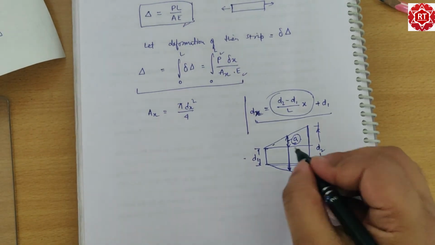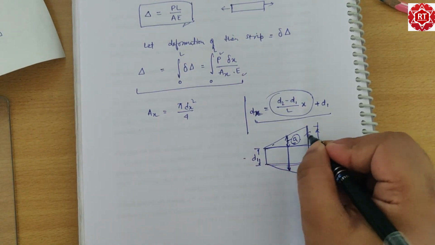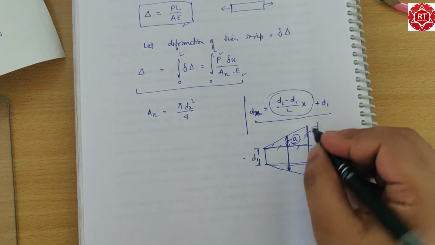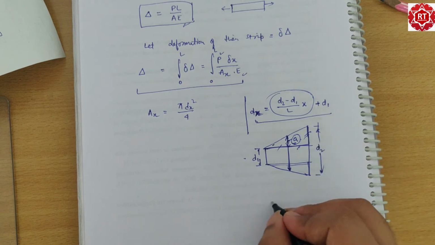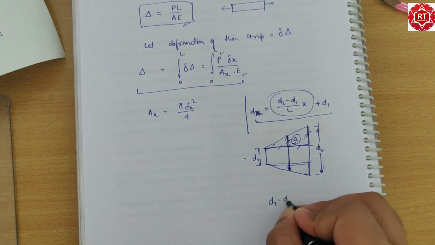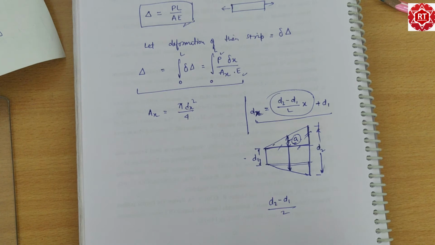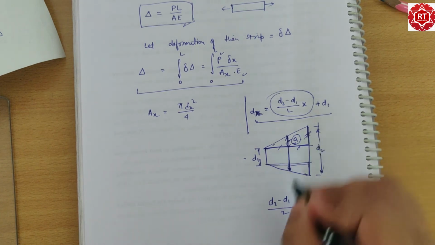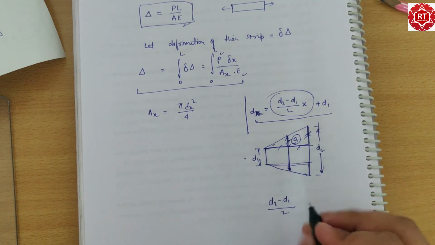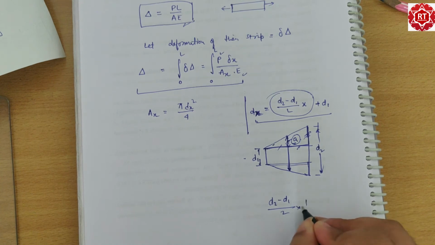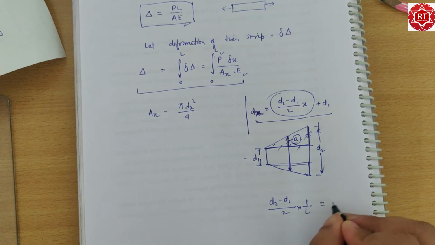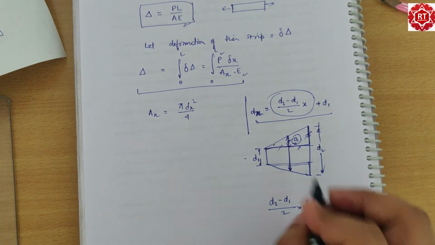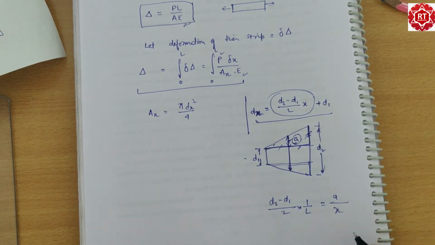Now using the property of similar triangles, this over this and this over this. This portion is actually d2 minus d1 by 2, correct, and this over this divided by 1 over L, and this over this is equal to a over x.